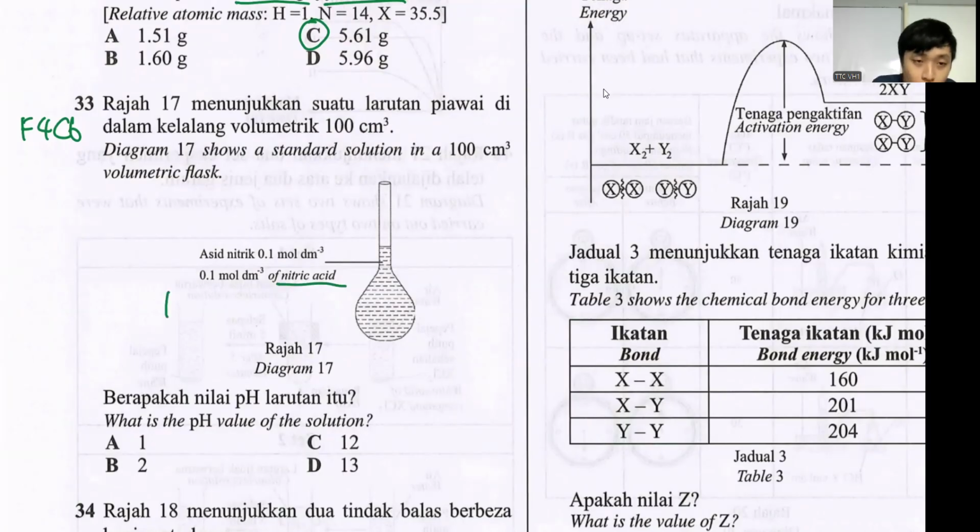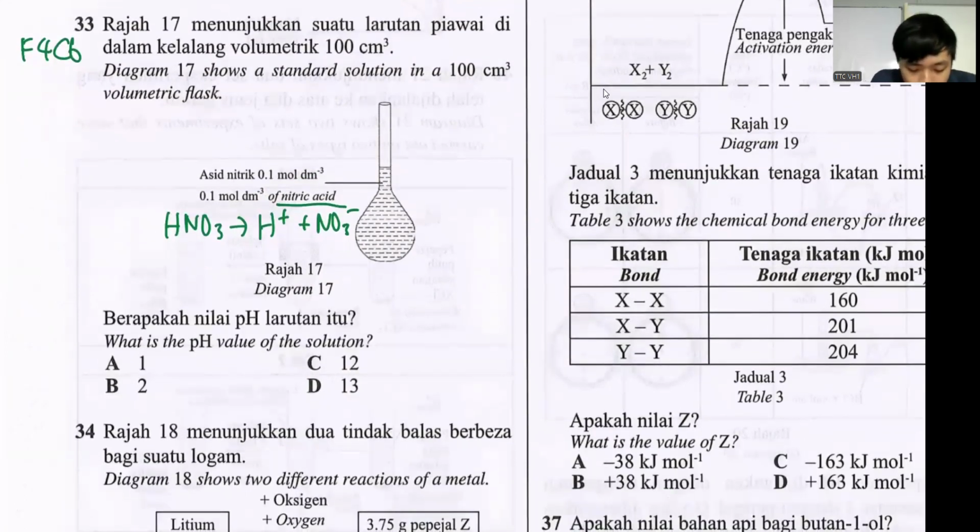Nitric acid is a monoprotic acid, producing only 1 mole of hydrogen ion. Sometimes you have to be careful. If they give sulfuric acid, then it's a diprotic acid, so times 2 for the concentration. Don't forget, pH equals negative log H plus.